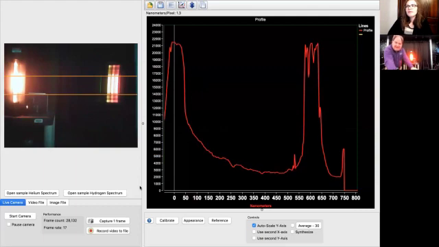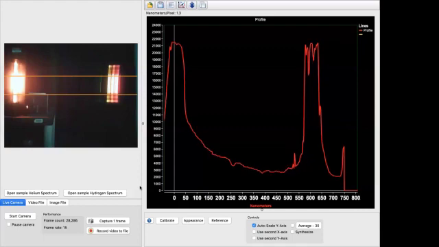So what we have here is the neon light, which is rather bright, and it might be a little overpowering. You can see the nice orange glow on the left-hand side of this screen. However, what you see on the right is the splitting of the lines: all of that light from neon is going through the spectrometer, and it's getting split up into all the little wavelengths of visible light, so anything from blue, green, yellow, orange, all the way through red.